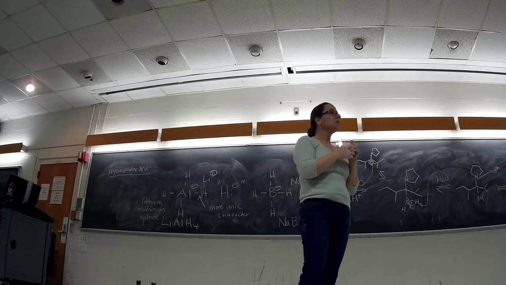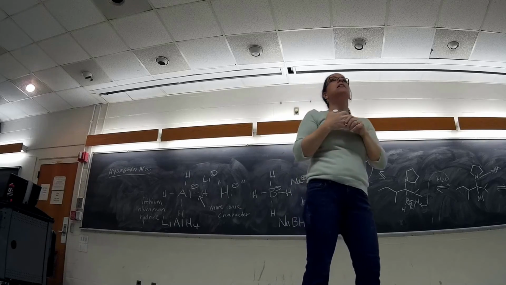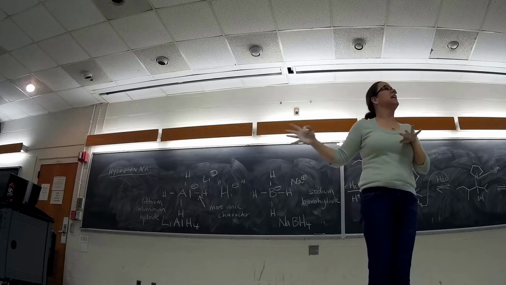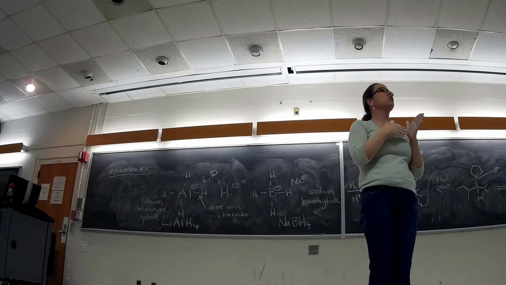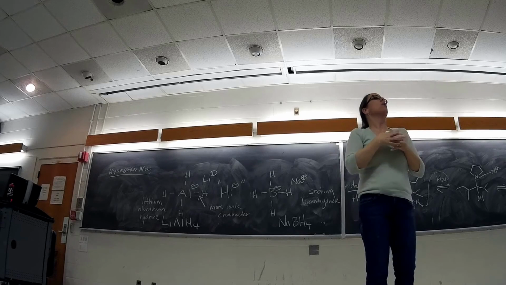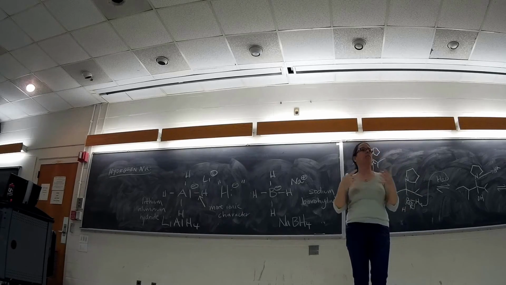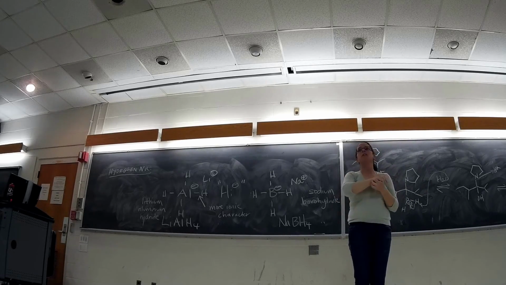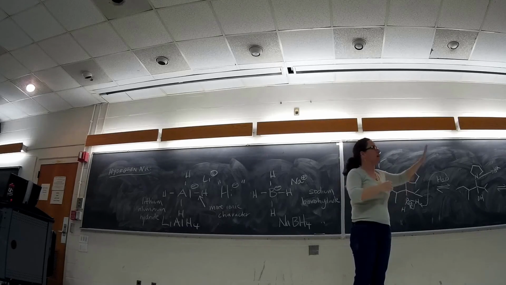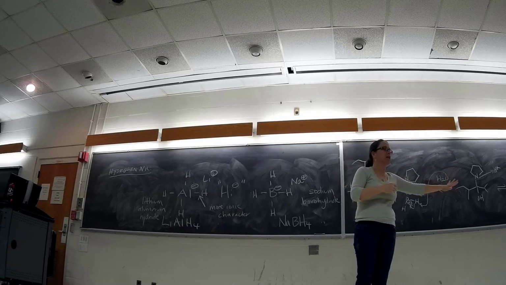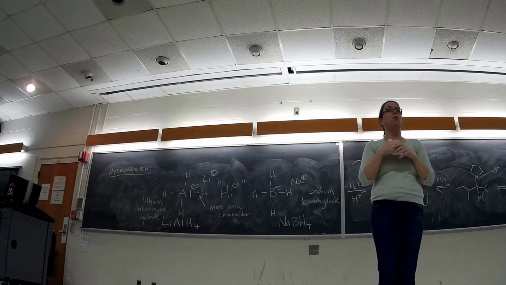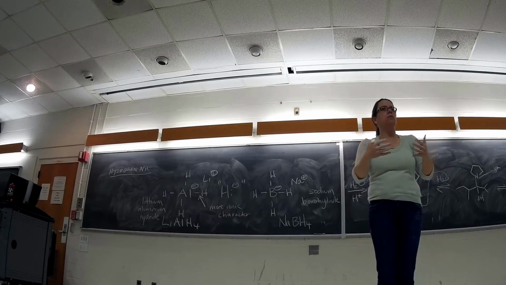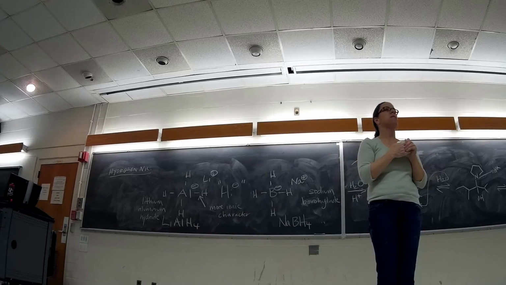What I can tell you is that the aldehydes and ketones will react with either one of these. Whereas carboxylic acids, which are much less reactive, lower on my chart, do not react with sodium borohydride, and we're forced to use lithium aluminum hydride there, okay?